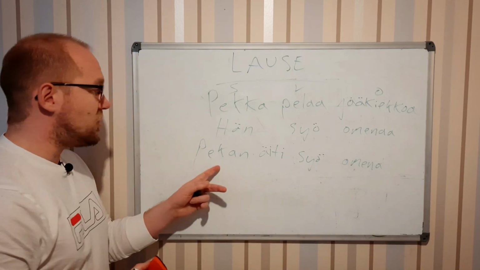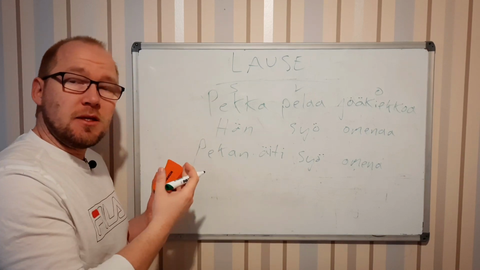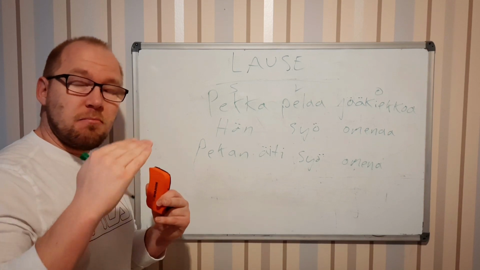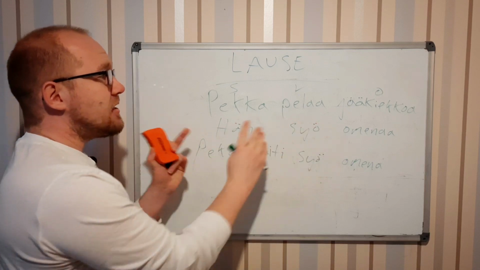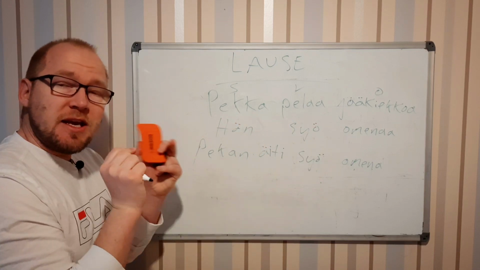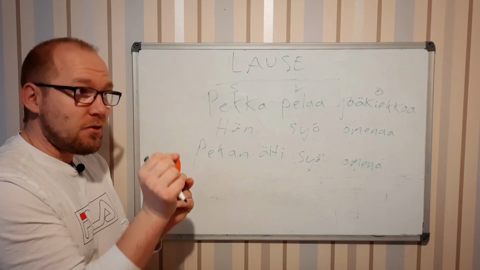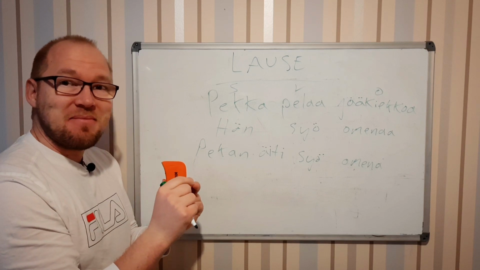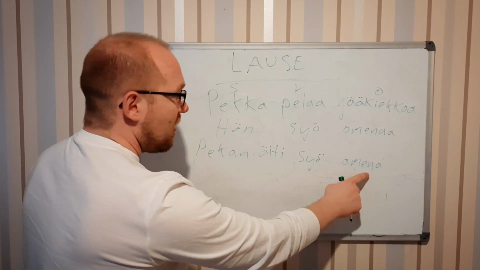So now we have to change the word. So by learning this kind of things, you get your language skills better and you start understanding more, when you take a basic sentence and start changing it a little bit, tweaking it. Like if you are a photographer and you tweak your photos after taking them, you know. So Pekan äiti syö omenaa.